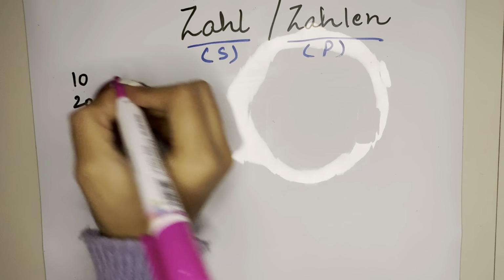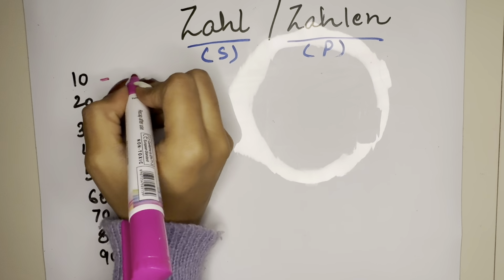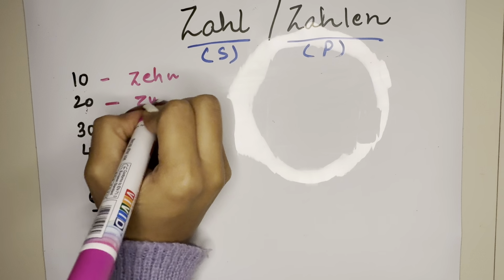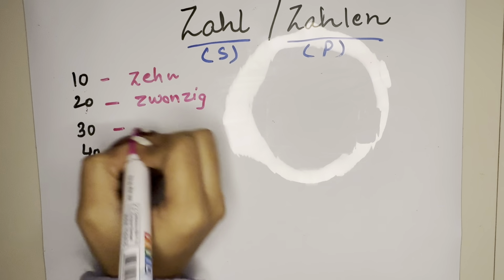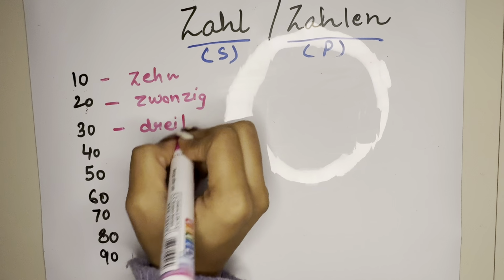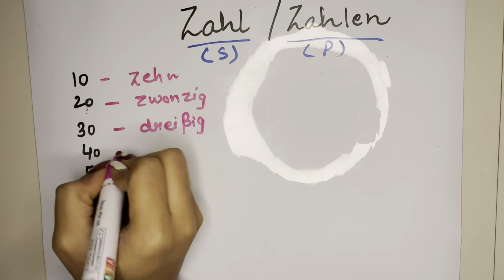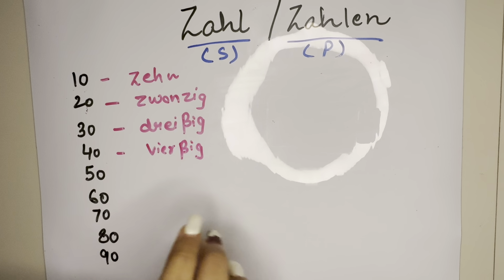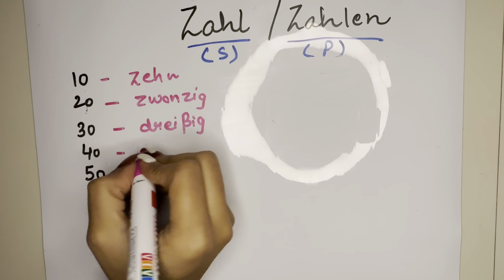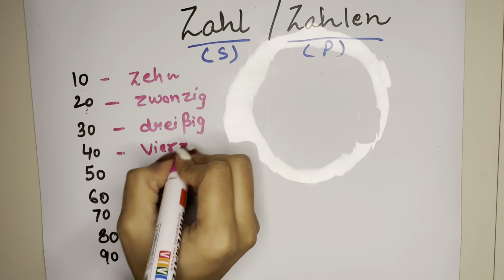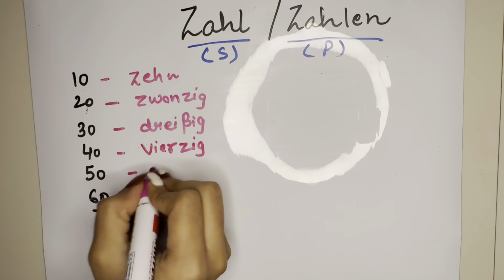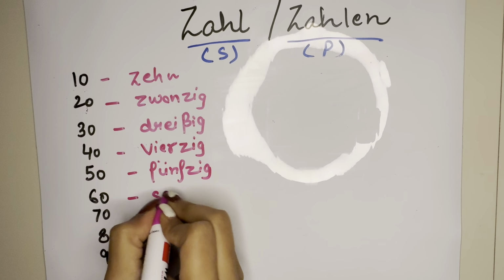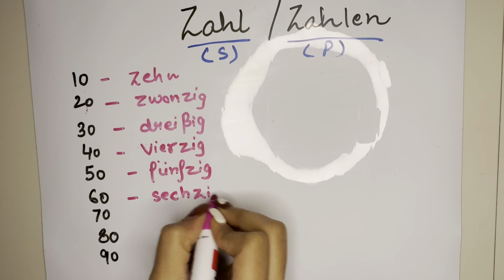Now we are going to write the tens. First 10 is written as zehn, then 20 is zwanzig, 30 is dreißig, 40 is vierzig, 50 is fünfzig, 60 is sechzig.